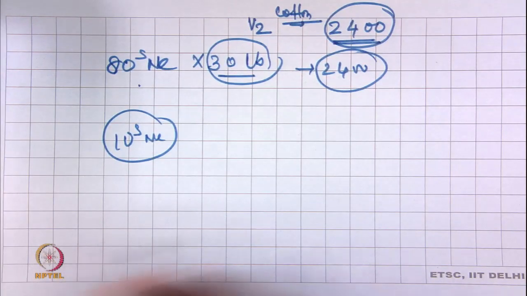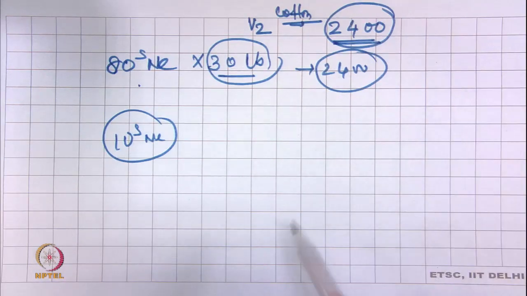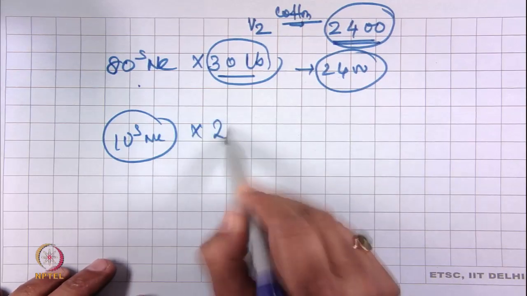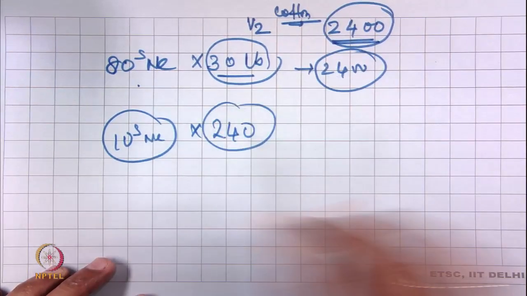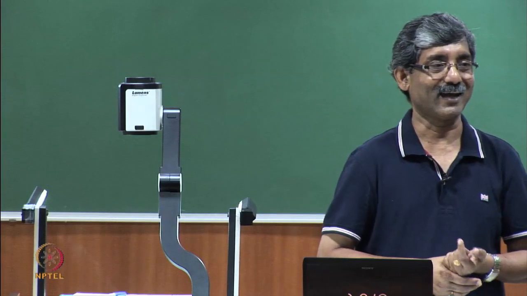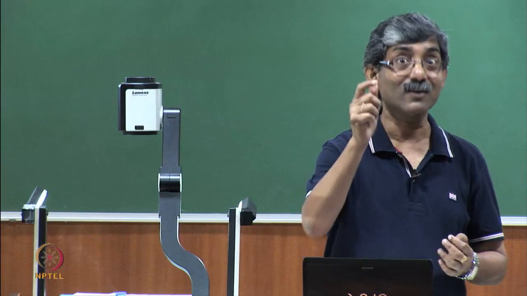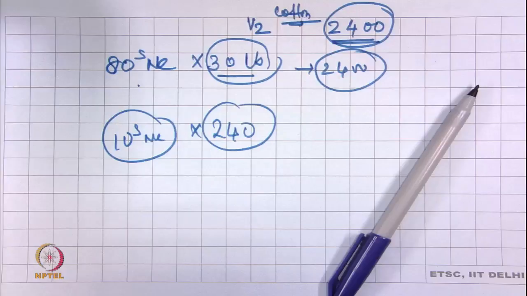In that 10s count, can we expect that we will get a strength of 240? 240 strength will not be there. It will be lower than that. That means there is something wrong in it. Our selection of cotton is wrong.